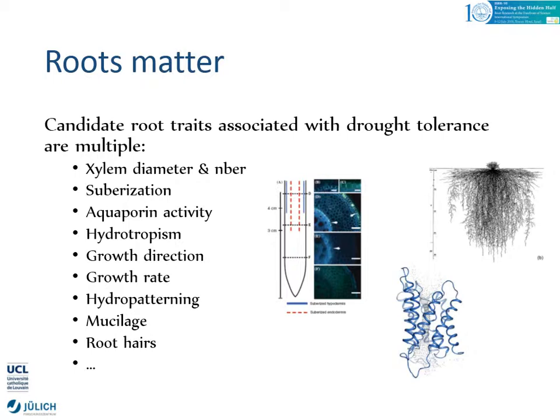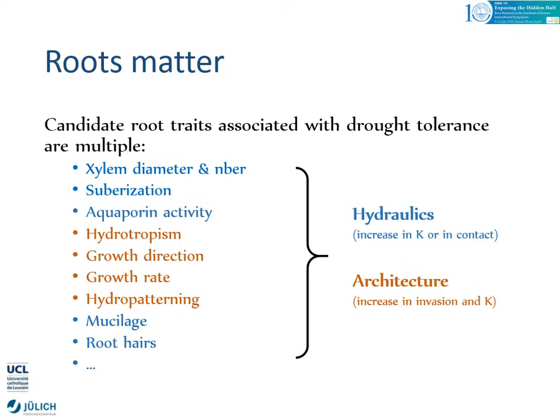Growth direction, growth rate, hydropatterning, so initiating lateral roots where the water is, mucilage exudation, root hairs. So you see there are a lot of traits related with root architecture, root hydraulics that are linked to root water uptake. So here I listed them and I put in blue hydraulic traits and architectural traits in yellow.